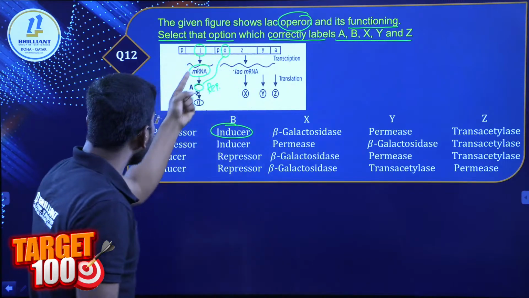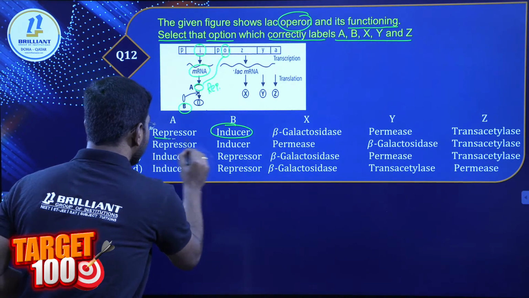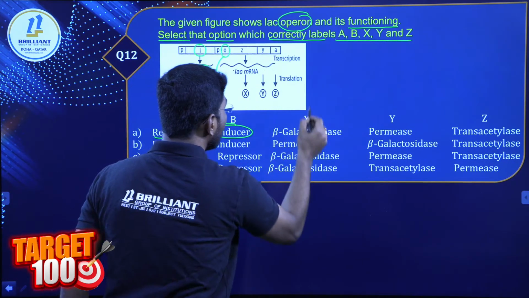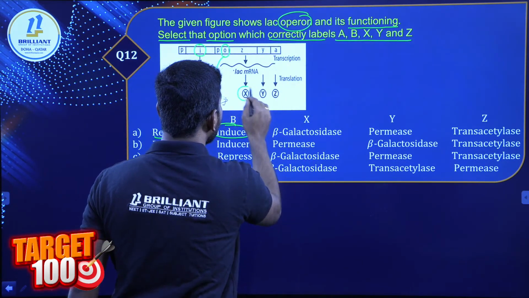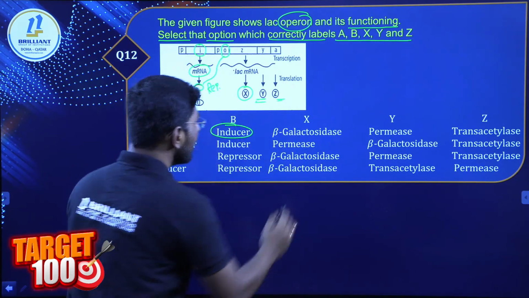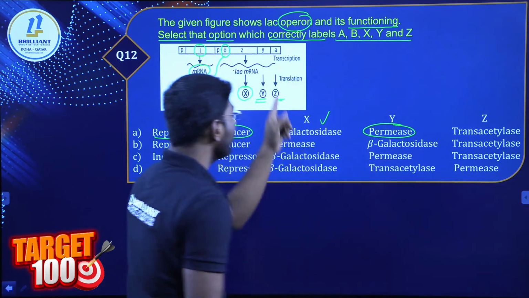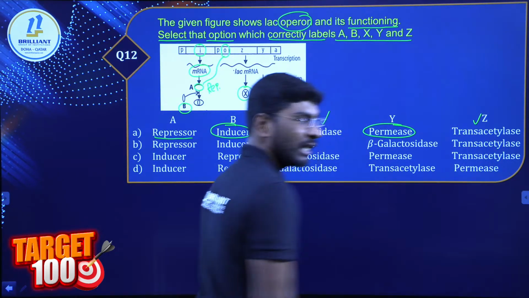Now A is the repressor, B is the inducer. X is beta-galactosidase, Y is permease enzyme, Z is transacetylase enzyme.